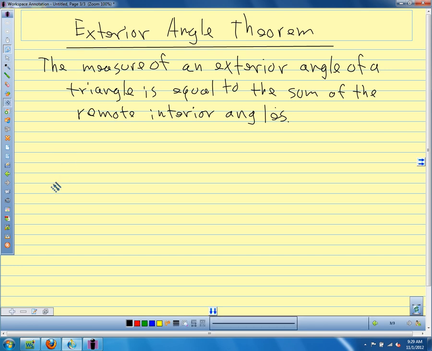So let's draw a picture. Here's my triangle. And I'm just going to extend this out. And we'll call it angle ABC. And I'm going to call that angle 4, that angle 3, that angle 1, and angle 2.